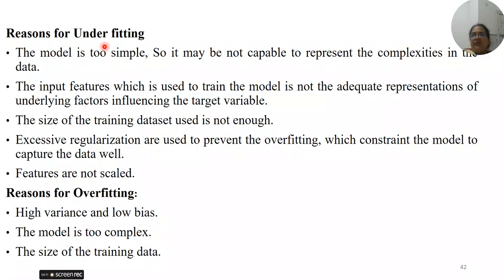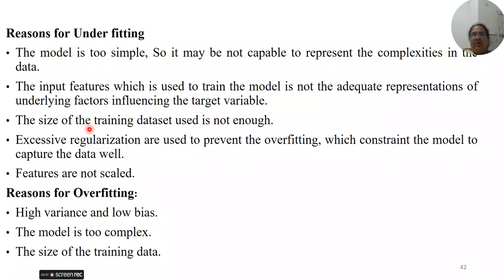So what are the reasons for underfitting? When the model is very simple, it may not be able to represent the complexity in the data. The input features used to train the model are not an adequate representation of the underlying factors. Maybe it was required to add some more features while training the model. The size of the training data set used is not enough.